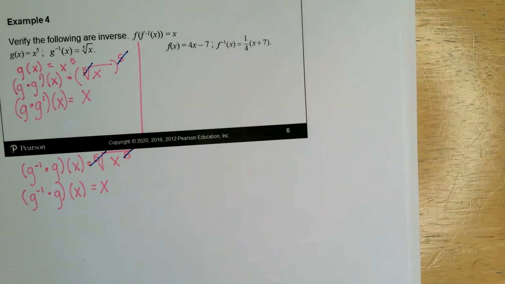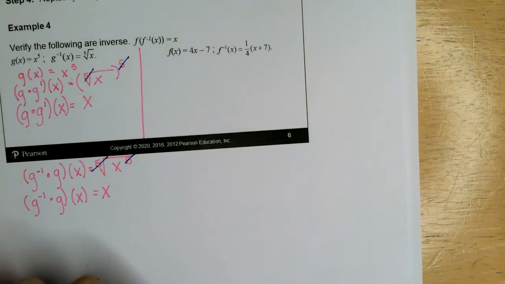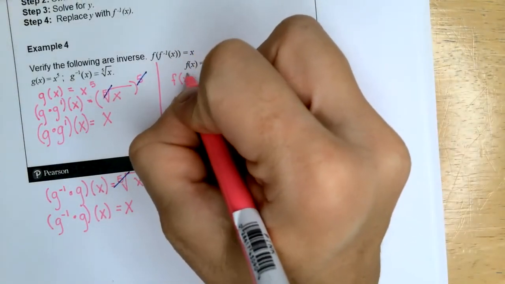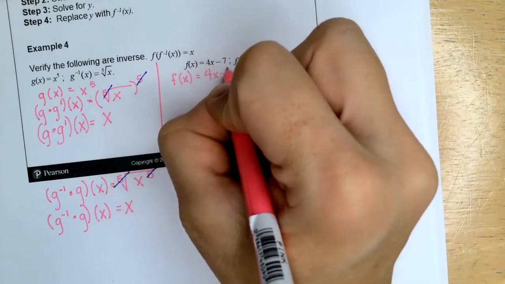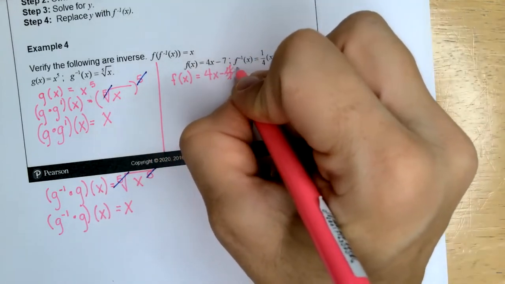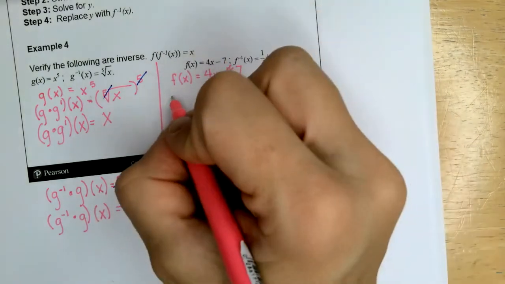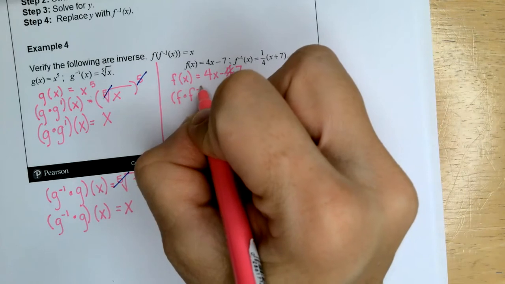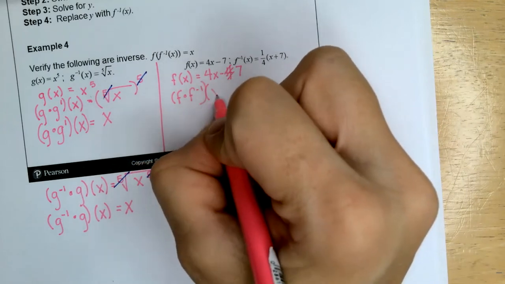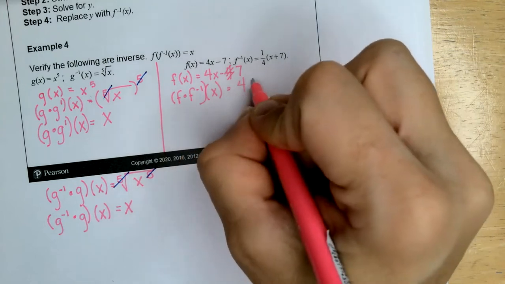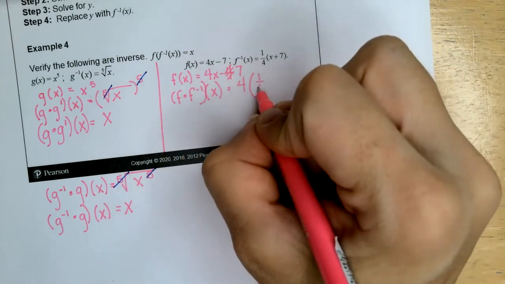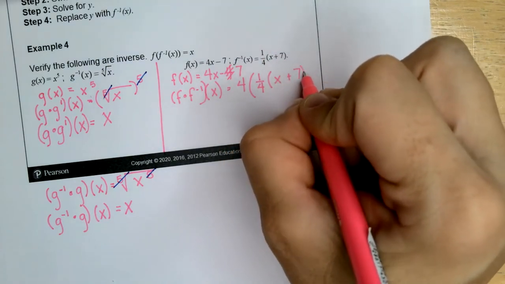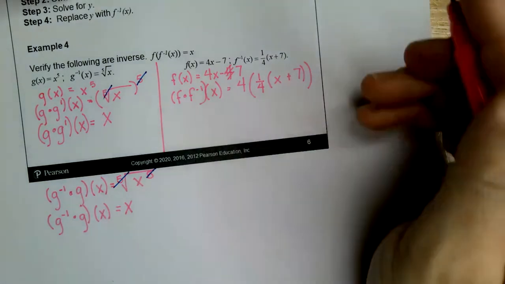Now we have f of x and the inverse of f of x. So f of x is 4x minus 7. And then f of the inverse of f of x is 4 times, instead of x, we're going to put all of this in, 1/4 times x plus 7, minus 7.